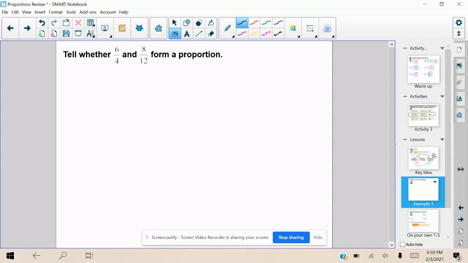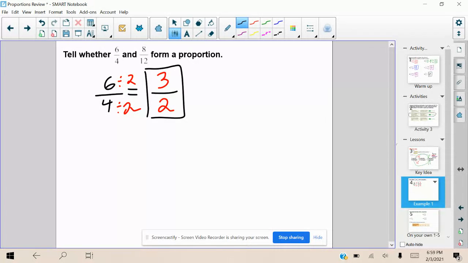So without further ado, let's look at 6 over 4. What can we simplify 6 over 4 to be? Well, 6 over 4, we can divide both the top and the bottom by 2, and we end up with 3 over 2. So 6 over 4 turns into 3 over 2.